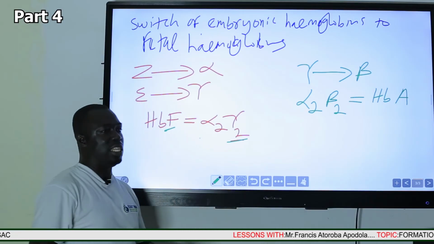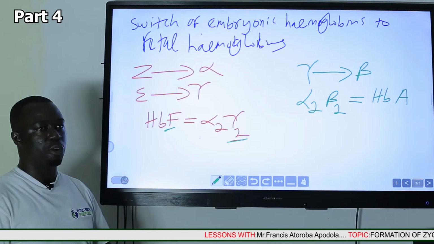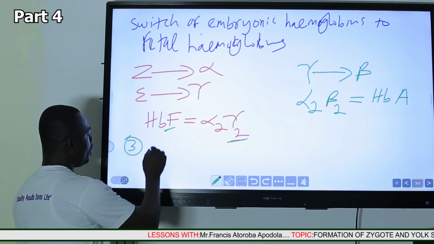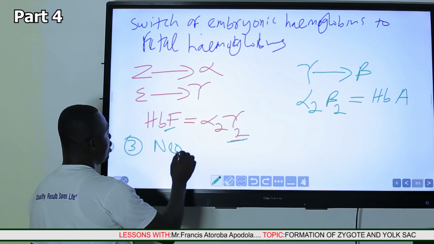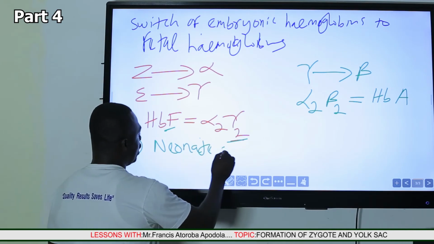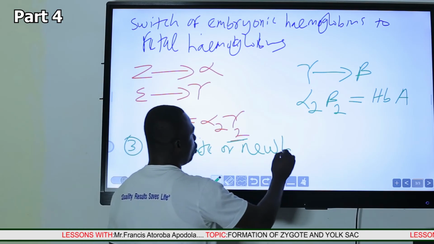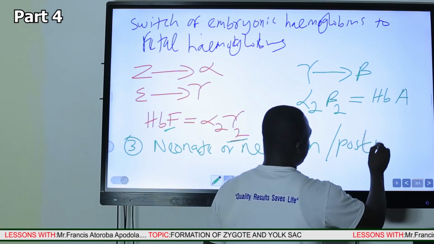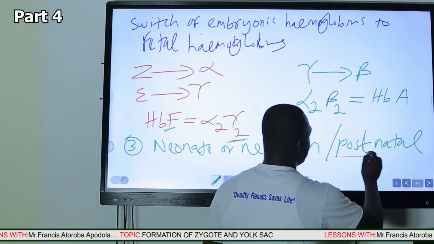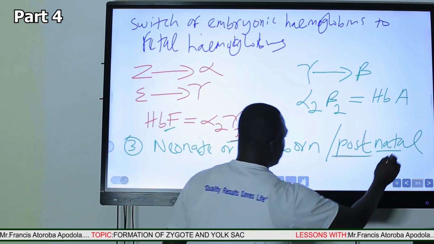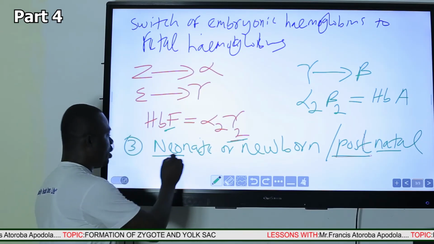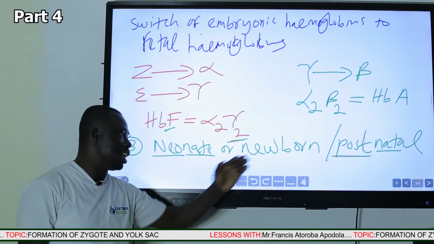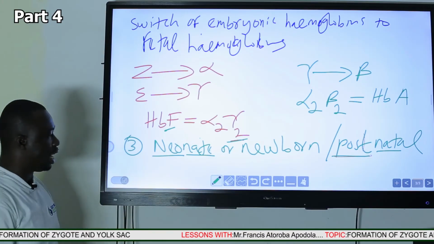When now the fetus comes out from the uterus, now we have what we call neonate. Neonate means newborn, or we are talking about the postnatal life. Post means after, nat means birth, neo means new, so new birth, the same thing as newborn or postnatal.